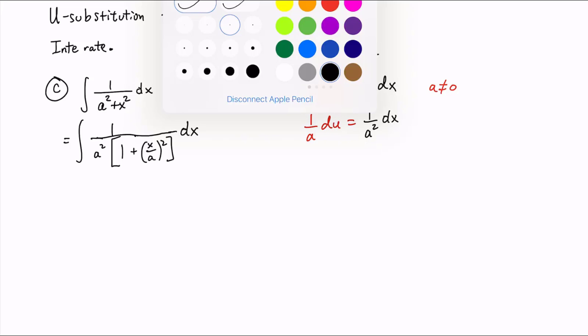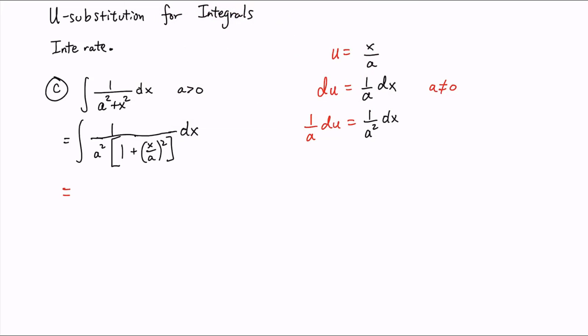Now we're ready to substitute. 1 over a squared dx is 1 over a du. So let's leave 1 over a here. We have 1 over 1 plus u squared du. Isn't that gorgeous? Well, shoot. That's a familiar integral. That is simply 1 over a inverse tangent of u.